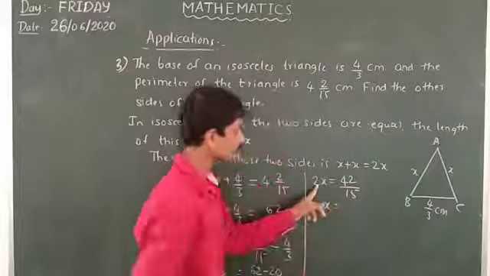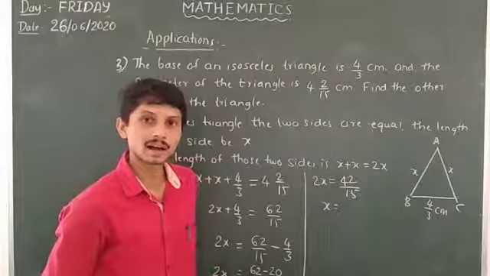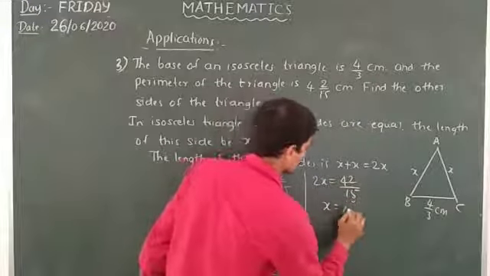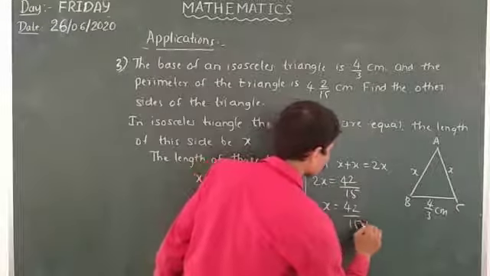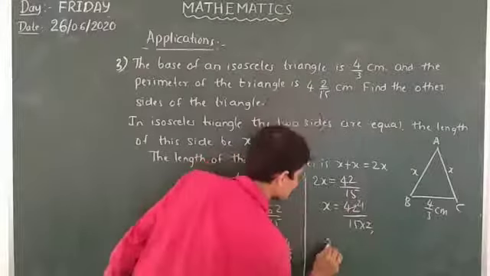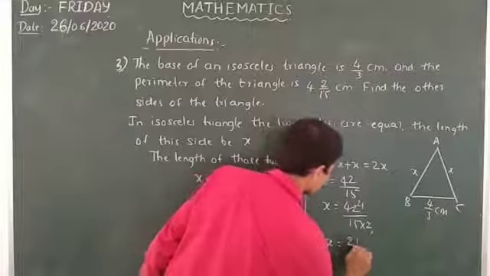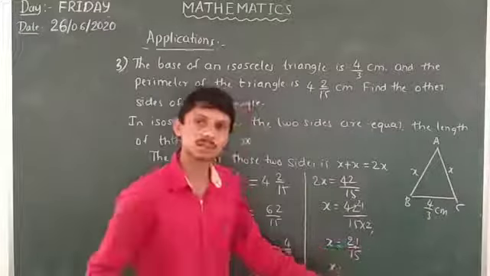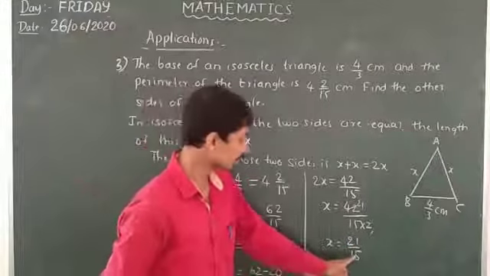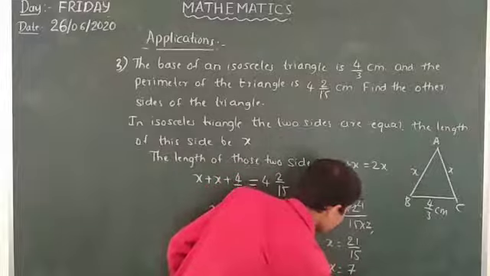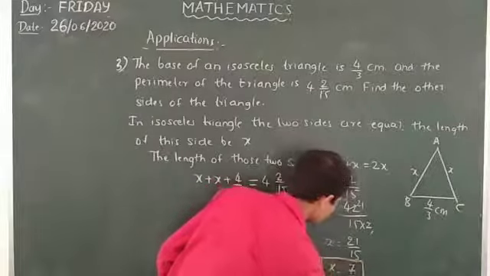So we have to transpose this 2 to the RHS side. It will go to the denominator. 42 by 15 into 2. So 2 into 1, 2 into 21. So x is equal to 21 by 15. We have to take out the common factor, here 3 is the common. So 7 by 5 is the answer.